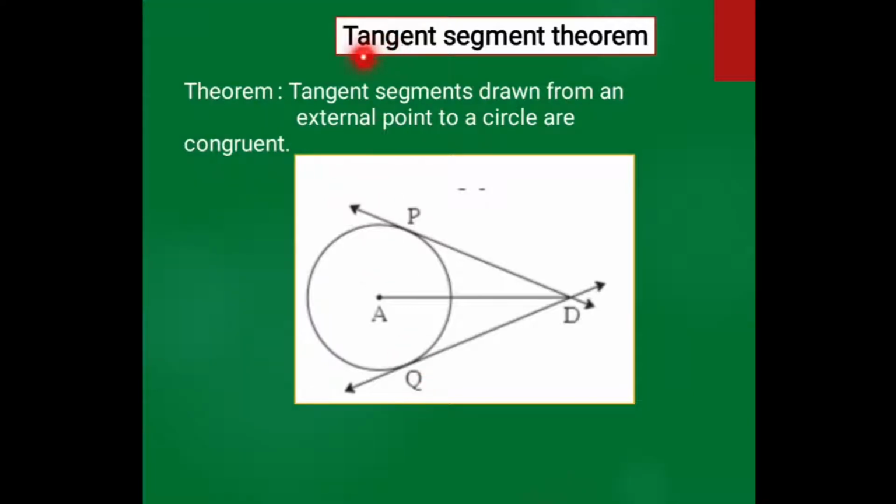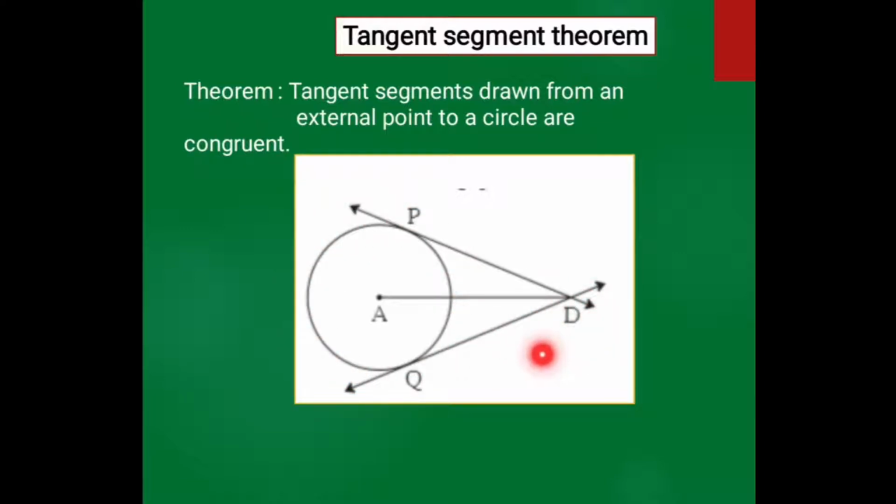Next theorem, the tangent segment theorem. See here, we consider a point which is exterior to this circle. We consider a circle with center A, and these two points P and Q are points on the circle.